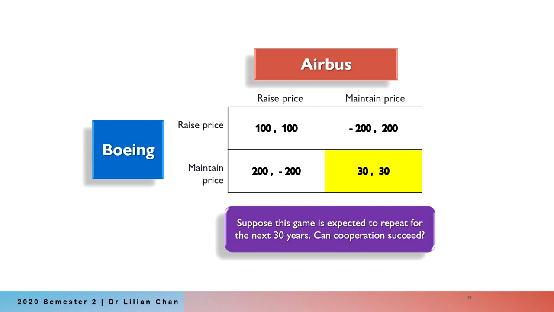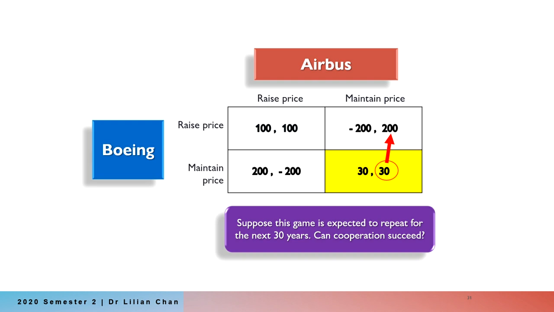What is the cost-benefit analysis to Airbus for deciding to cheat on the agreement? Well, the marginal benefit of cheating is an additional $170 million above the Nash equilibrium outcome of $30 million. Right? So they make that extra $170 million by cheating. What about the marginal cost of cheating?